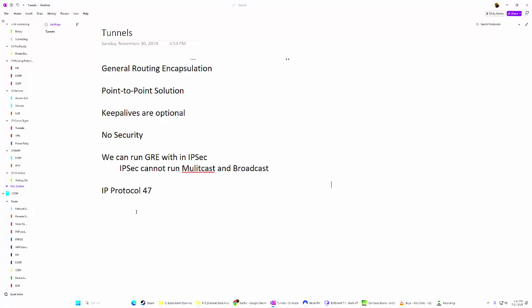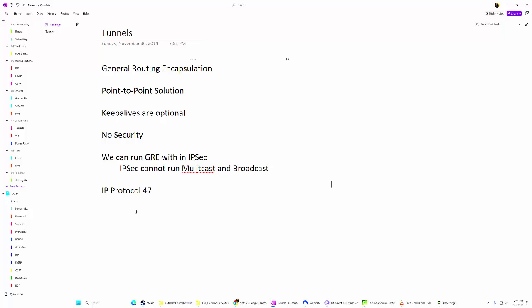So, it says there's no security, but that's not true. Generic routing encapsulation, yes, it can be hacked. Yes, it can be seen if someone captures the traffic. But that's why we use crypto and create our tunnel protection. Our tunnel protection will call for a crypto configuration that you configure.